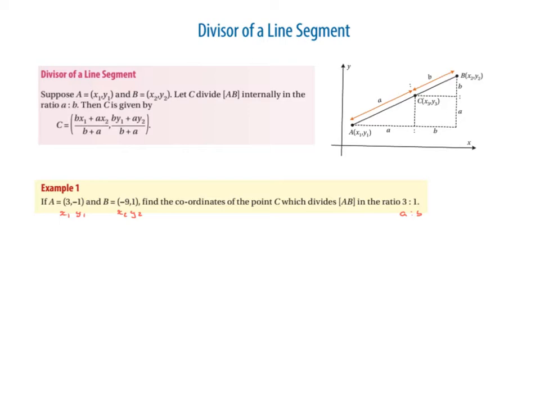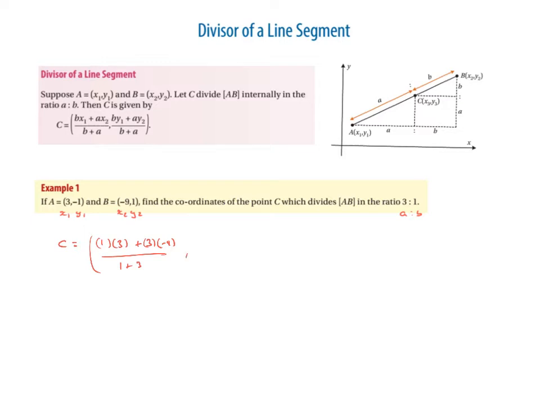So all we're going to do now is stick it into the formula above. C is equal to B, which here is 1, times x1, which is 3, plus A, which is 3, times x2, which is minus 9, all over B plus A, which is 1 plus 3. That is my x coordinate.